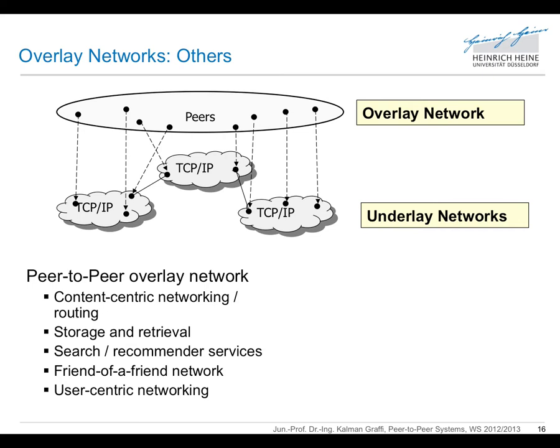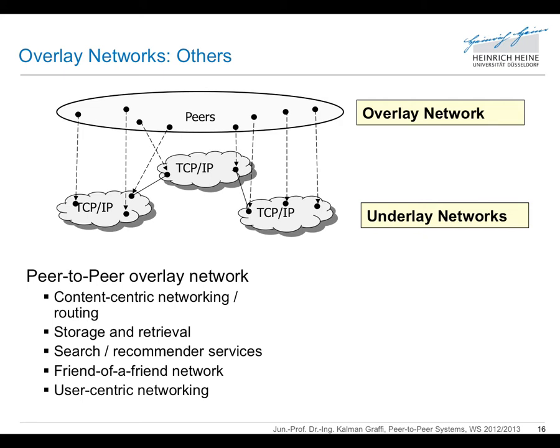Okay, some examples. What kind of peer-to-peer overlays exist? There's lots of content-centric networking or routing, so that you have objects, object IDs, document IDs, and based on this document ID, you store your data, you retrieve it, and the overlay is really supporting this store and get functionality.